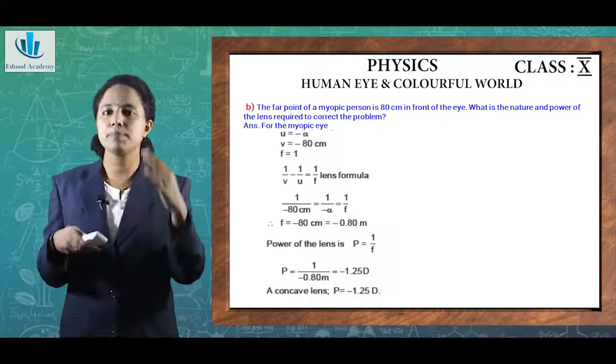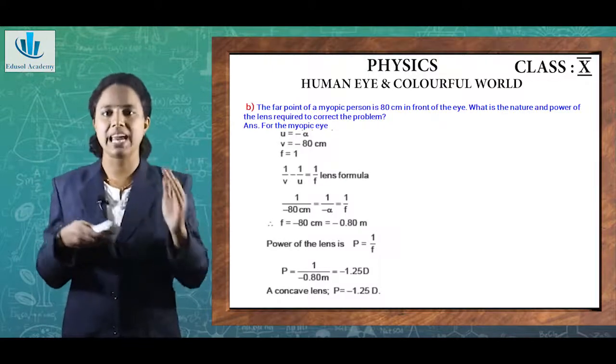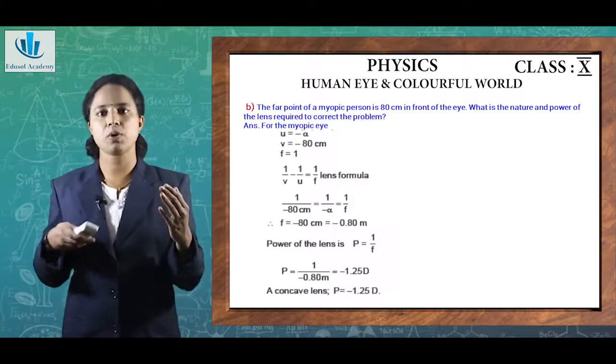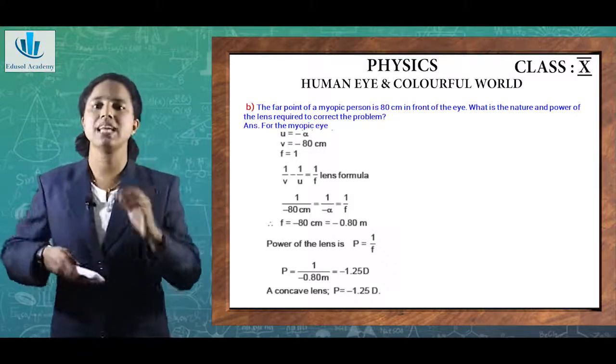So you can simply equate 1 by minus 80 equals 1 by F. To get F, you take the reciprocal and you will get F equals minus 80 centimeter.